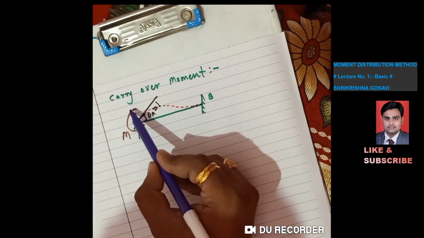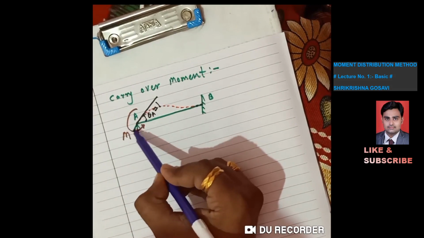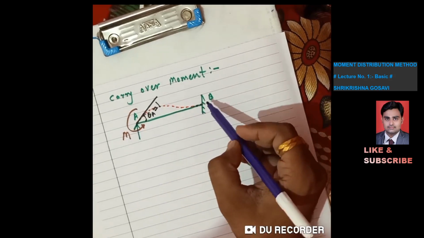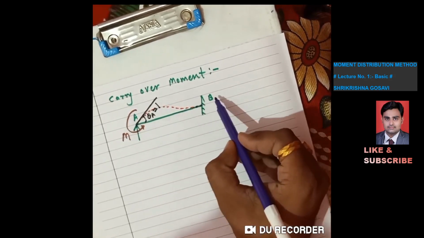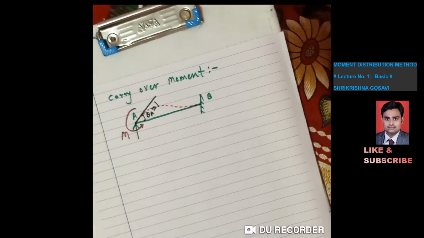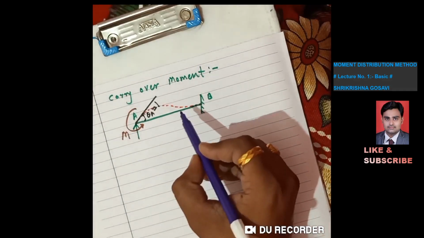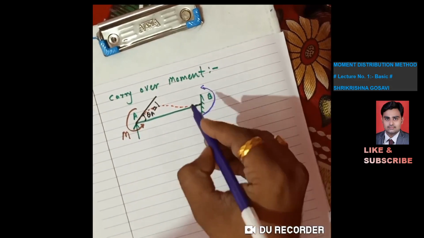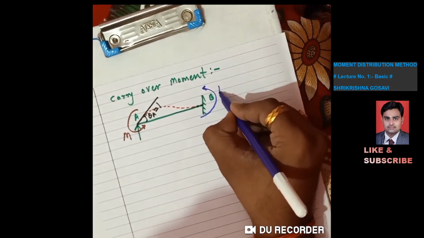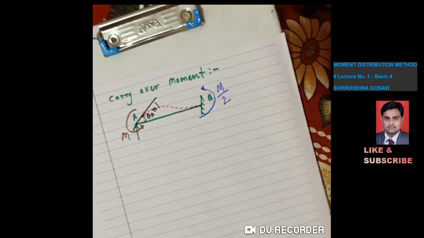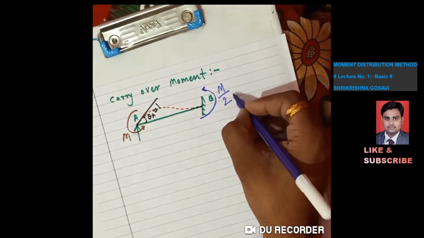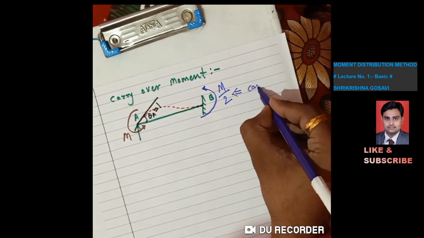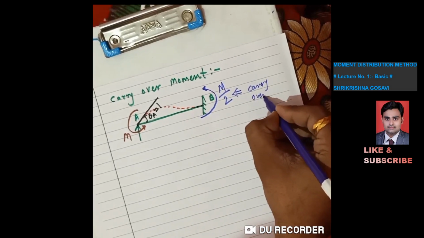Then when the moment M is applied at this end A, at B a moment gets induced, and if this moment is M, then that moment is M by 2. This M by 2 moment is called the carryover moment.